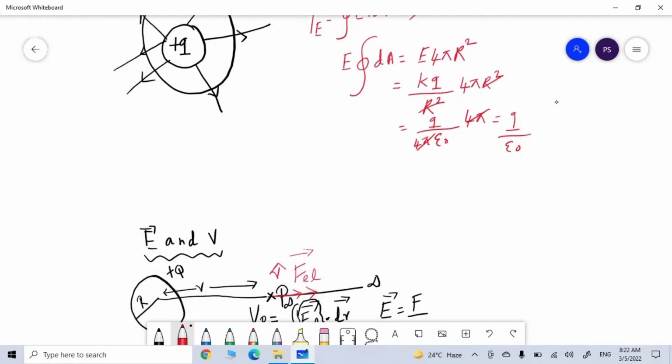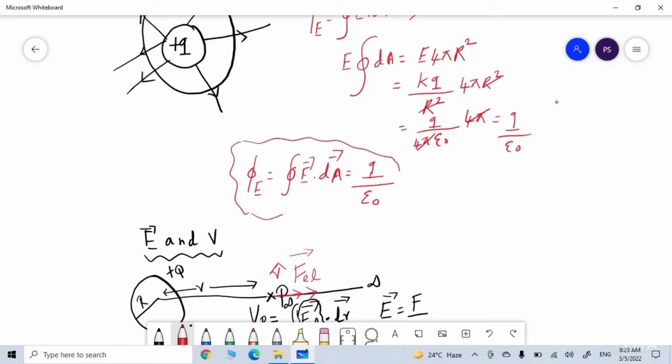So we can say that the electric flux of any closed surface, which is the closed loop integral of the dot product of the electric field and the area element, is equivalent to the charge enclosed by the surface divided by epsilon 0. This is Gauss's law of electrostatics.